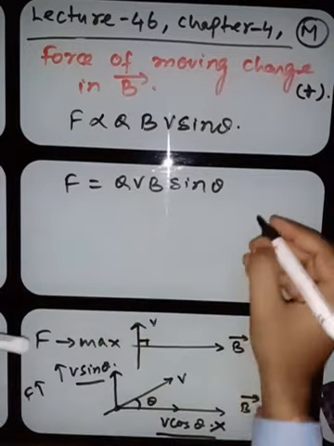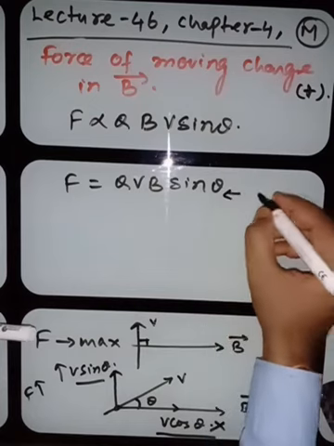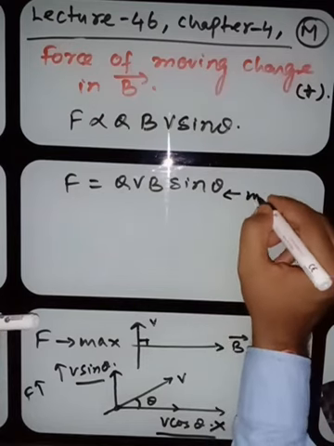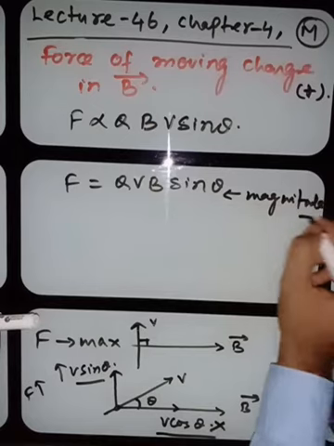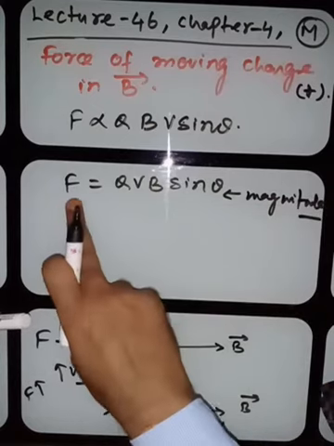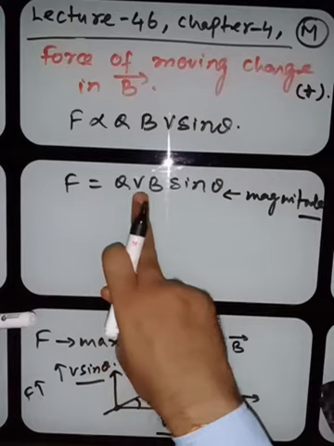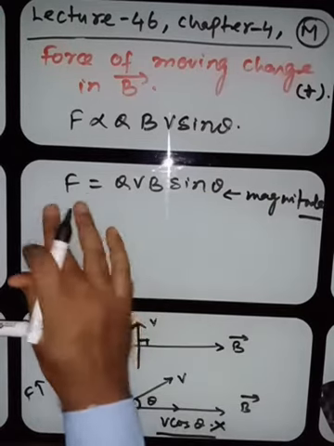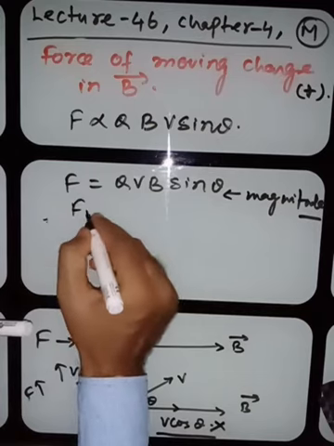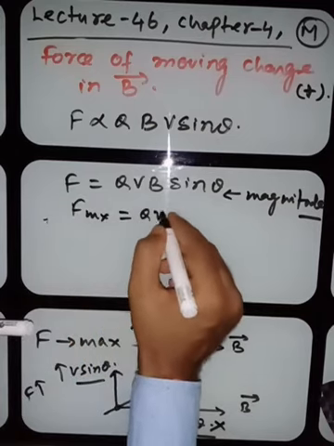But anyhow, this is the magnitude of force. Remember, this is the magnitude. What is that magnitude? F is equal to QVB sine theta. And what will be the maximum value of F, my dear student? F max will be QVB.